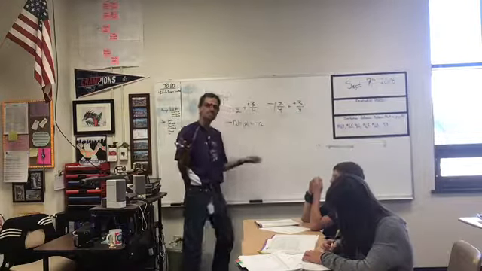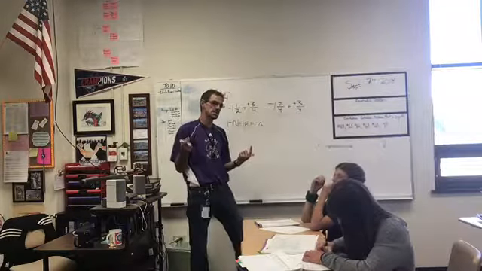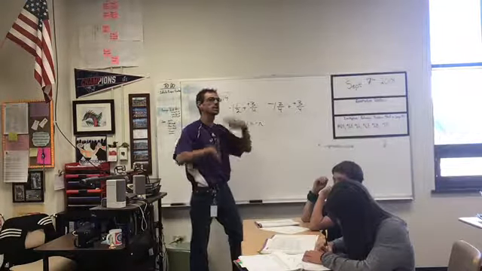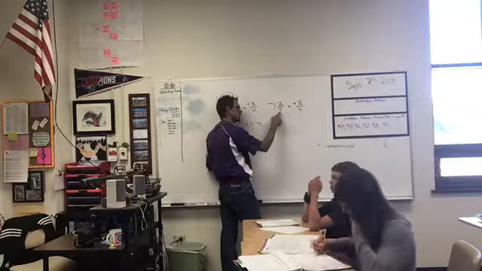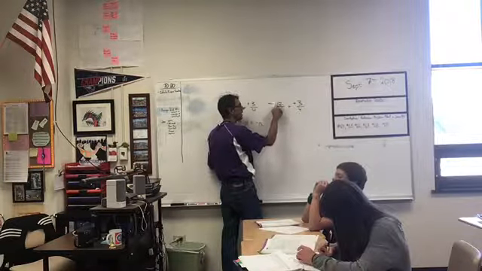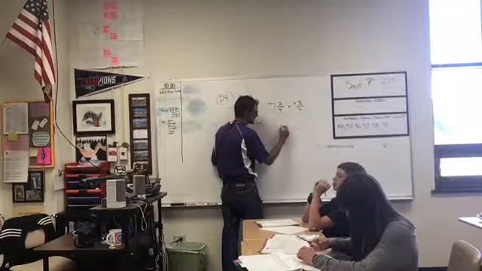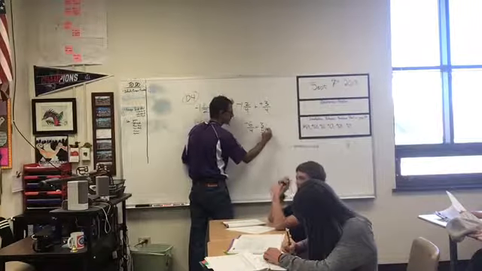3/4. Now, here's the next problem. Unless I know how to do this in my head, I have to turn it into an improper fraction. So I'm going to turn this into an improper fraction. 4 times 1 is 4, plus 2 is 6. So this is negative 6/4 plus 3/4.